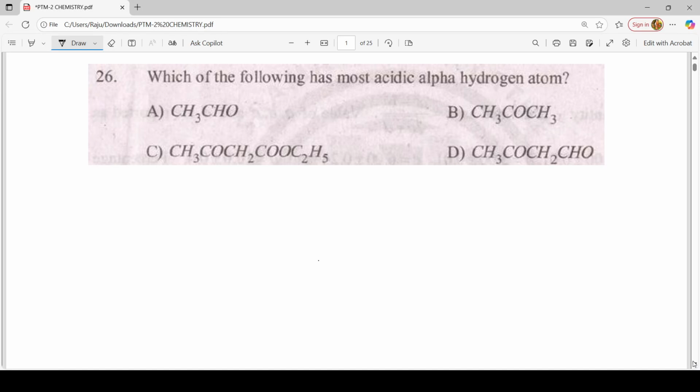Which of the following has the most acidic alpha hydrogen atom? Students, generally minus M and minus I groups increase the acidic character. Come to the first option. The first option has an aldehyde functional group.